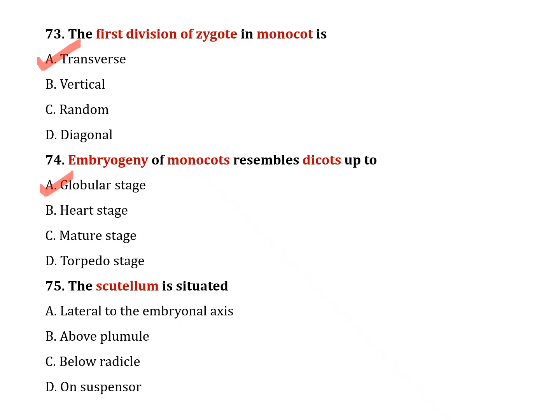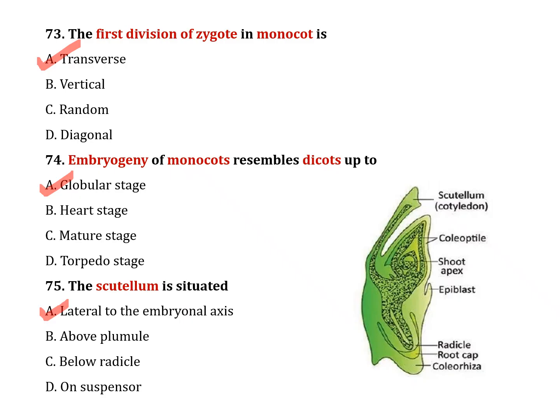The next question, number 75. The scutellum is situated option A lateral to the embryonal axis, option B above plumule, option C below radicle, option D on suspensor. Correct answer is option A, lateral to the embryonal axis. This is the embryonal axis, and the scutellum is formed lateral to the embryonal axis.